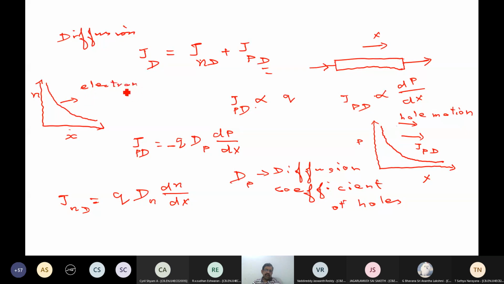Electron motion is again along this direction, because the concentration is high here and low here, so obviously it will move to the lower concentration to establish equilibrium. So electron motion, and the electron is negatively charged. The direction of conventional current is opposite to the movement of the electrons. Therefore, I will have this as JND.